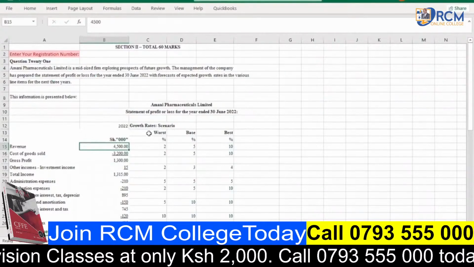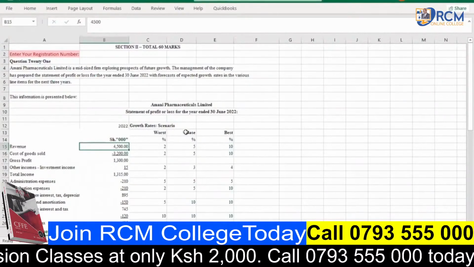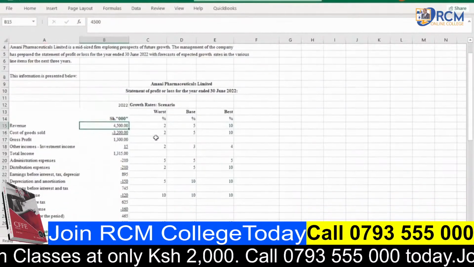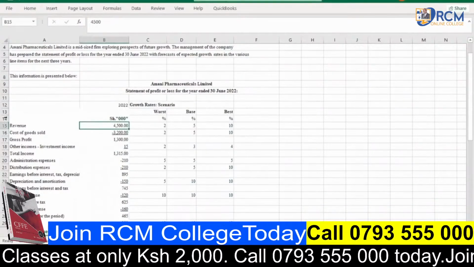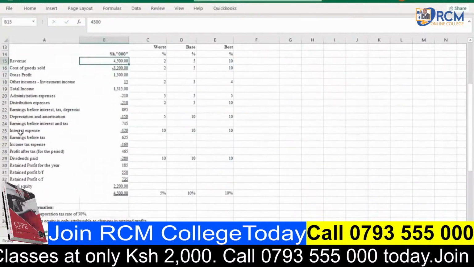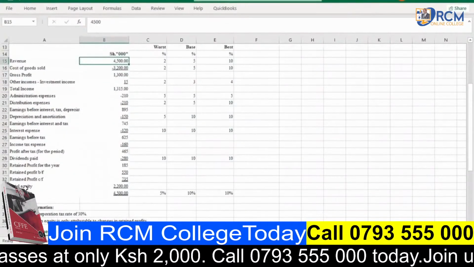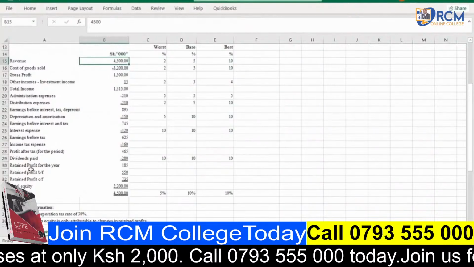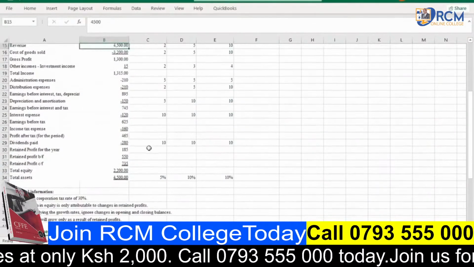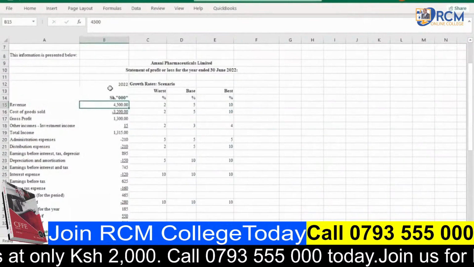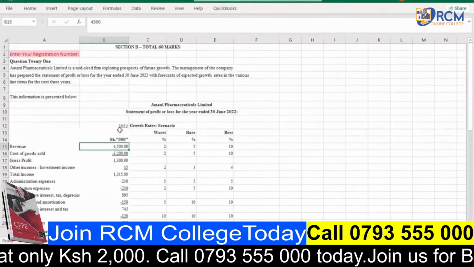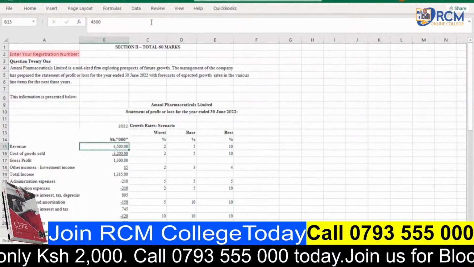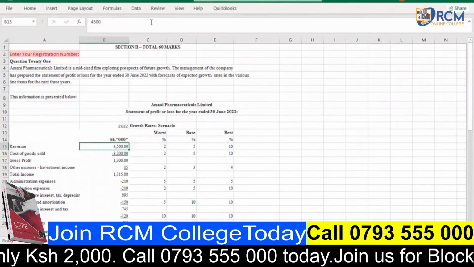We have the worst case, base case, and best case. So the percentage changes in these components of the income statement and also equity, and some assets also given to us here, have already been provided. So these values for 2022 are expected to change using 3 different scenarios.